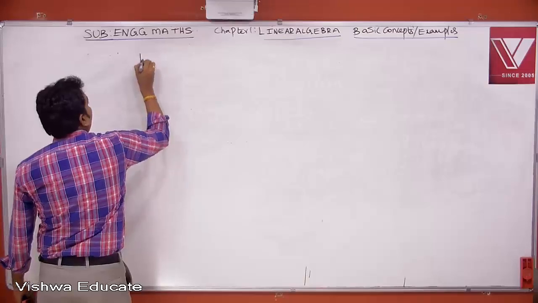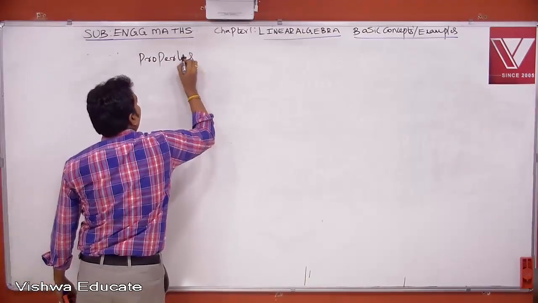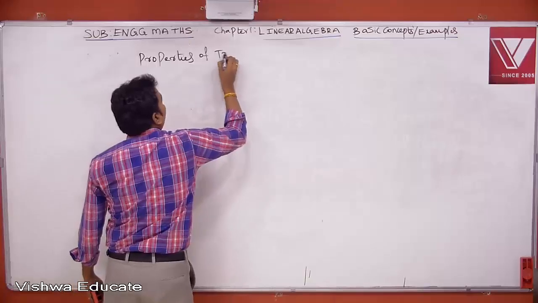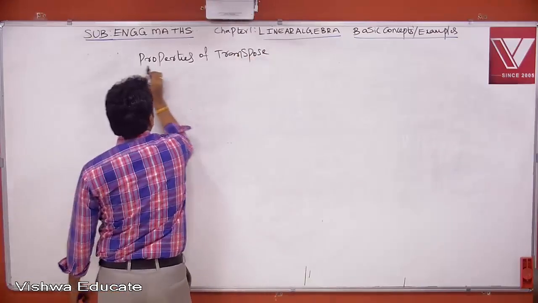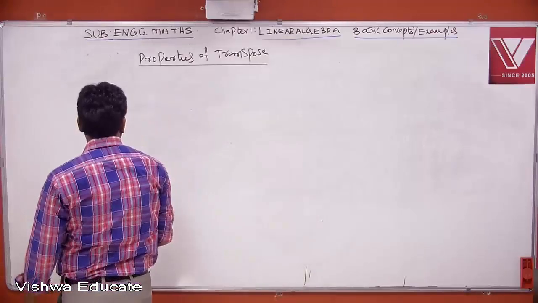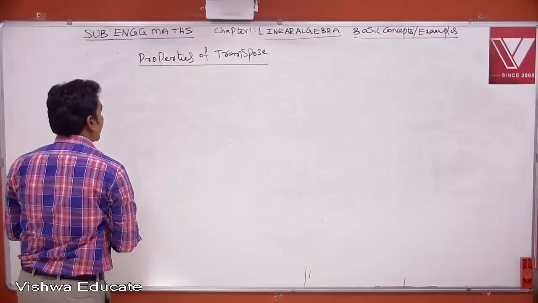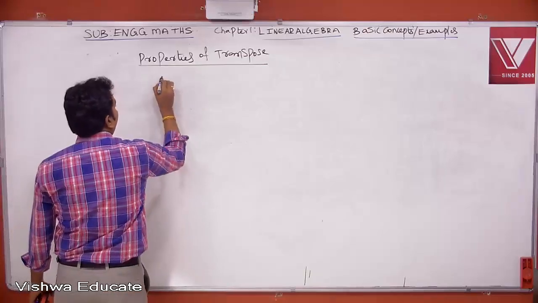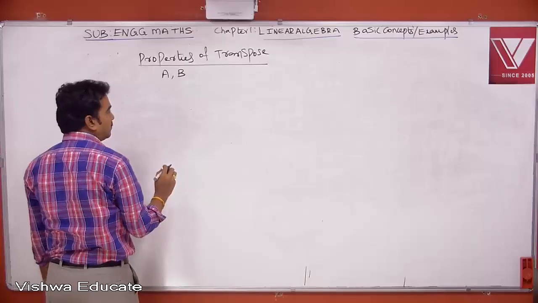Next one, properties of transpose. We have 4 important properties. Suppose A, B are 2 matrices.